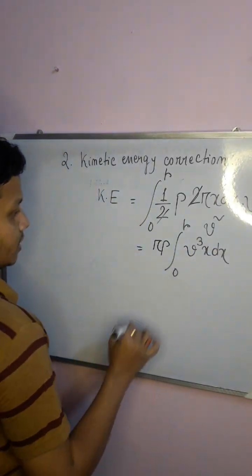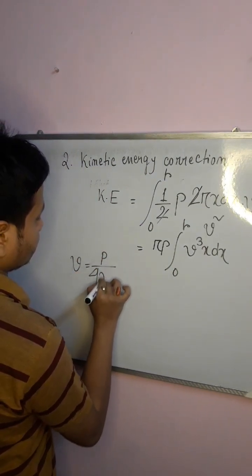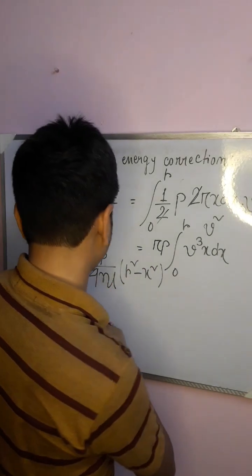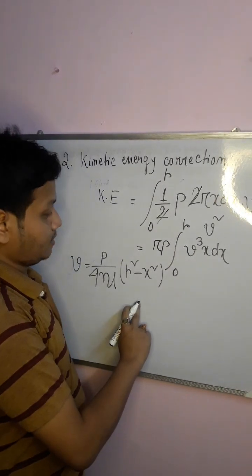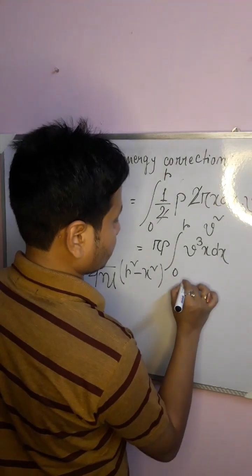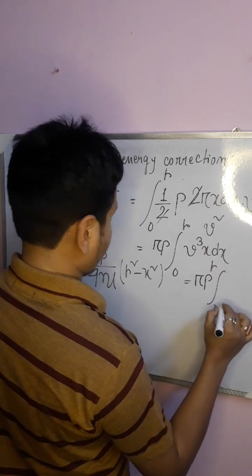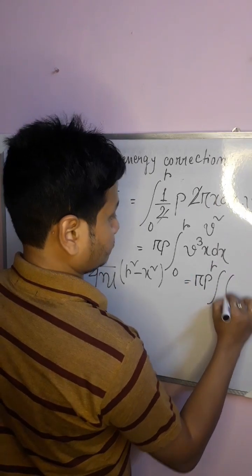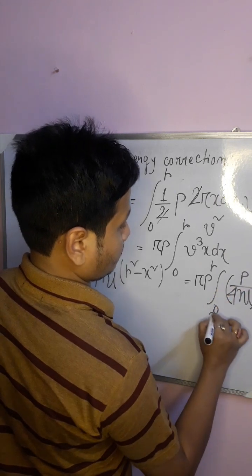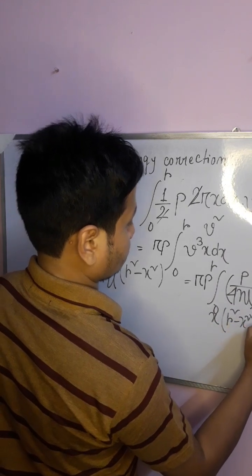And we know the expression of v, that is the velocity of any layer at a distance x from the axis of the tube, P by 4 eta l into r square minus x square. So v is a function of x. x is involved here, so we have to put the value of v in this equation. So what do we get? Pi rho integral 0 to r of x into r square minus x square whole cube dx.